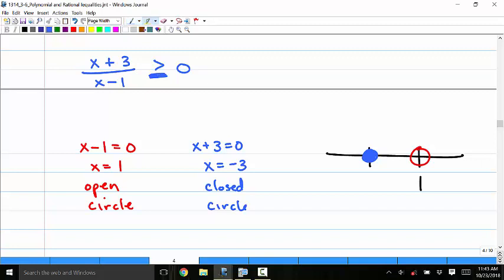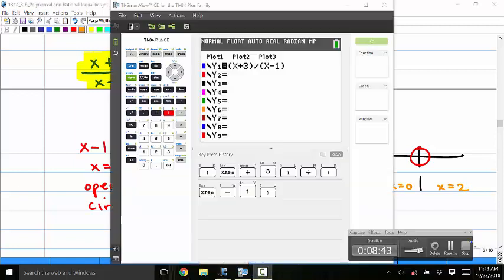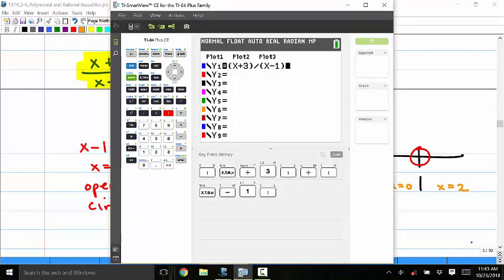I need to put this into my calculator, and then I need to pick some numbers. This should have been negative 3, sorry. So for x, I'm going to pick negative 5, 0, and 2. I typed it into my y equals button, hit graph.